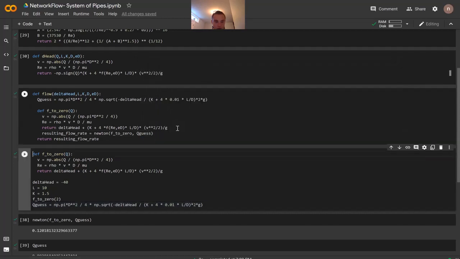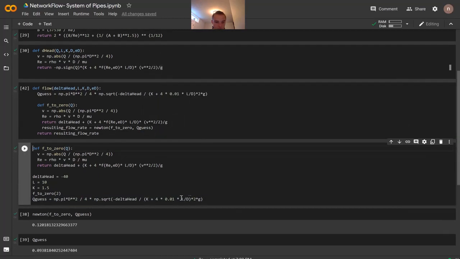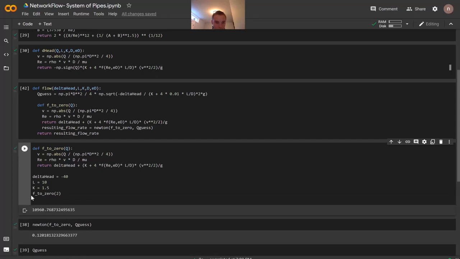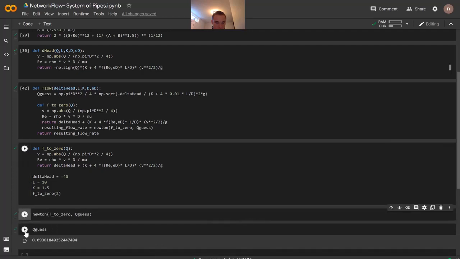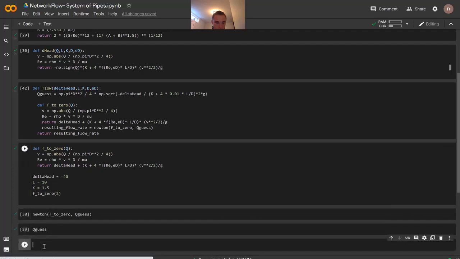Shift enter that. And if we want to go off and test this, Q guess is not needed down here anymore. We can go off and now test this. So we'll just shift enter this, shift enter, X this out, X that out, X this out. Okay, so now if we want to just test this, we can go ahead and just test our flow function.